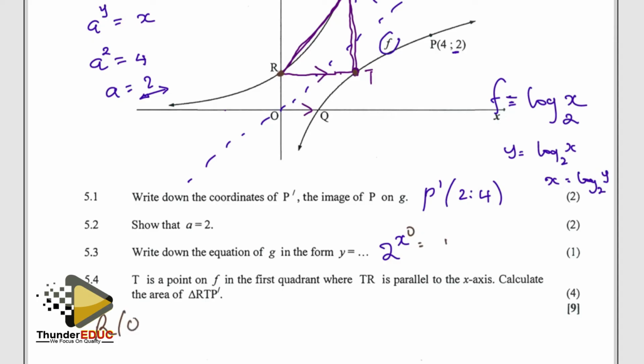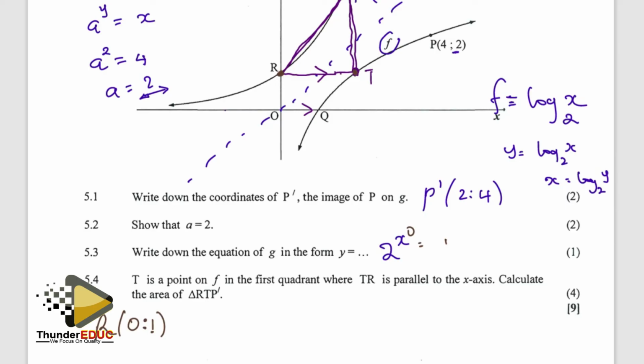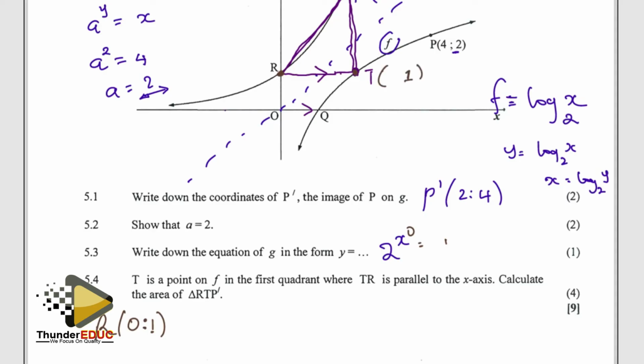So R is basically 0 and 1. We also need the coordinates of T. Since T is parallel to the x-axis, the y-coordinate of T is going to be 1.